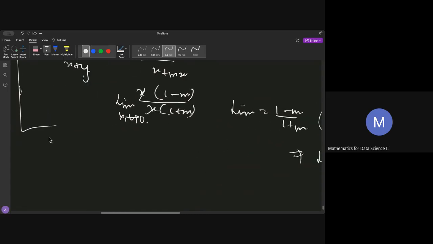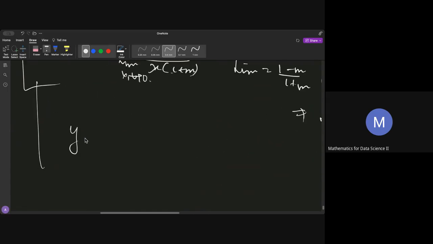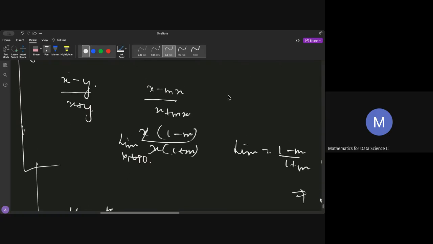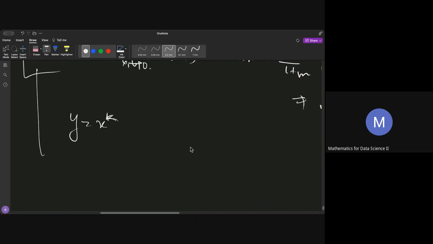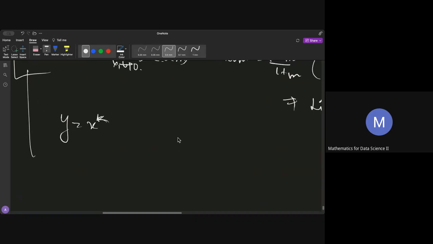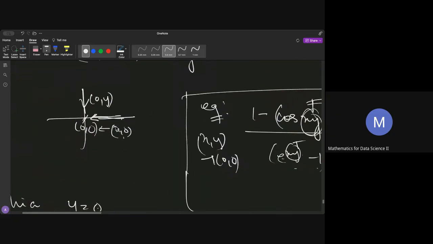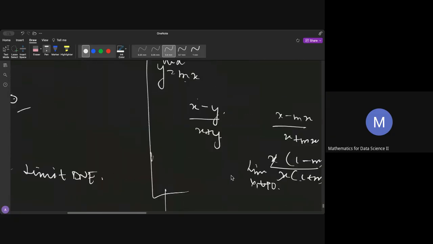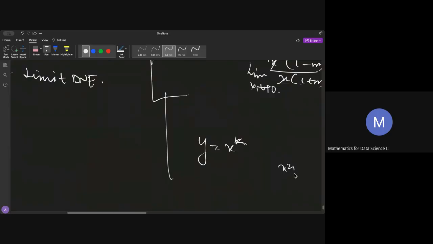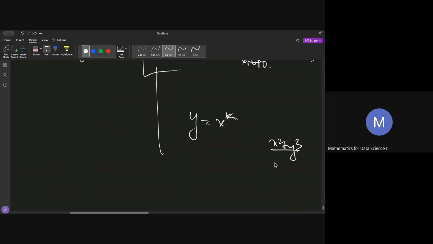And the other way is to check for y is equal to x to the power k, right? You can do the same for k as we did here for m, like in the example that we took. x square plus y cube, and the other part was x to the power 4 plus y square.